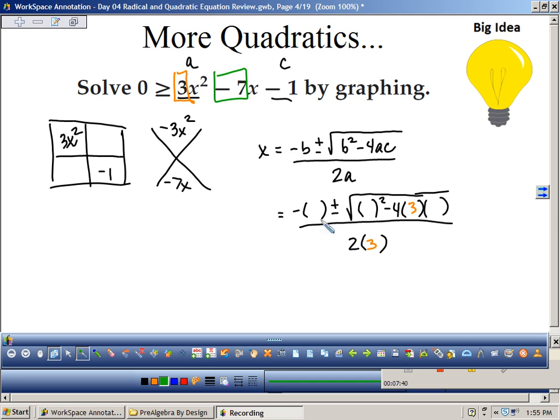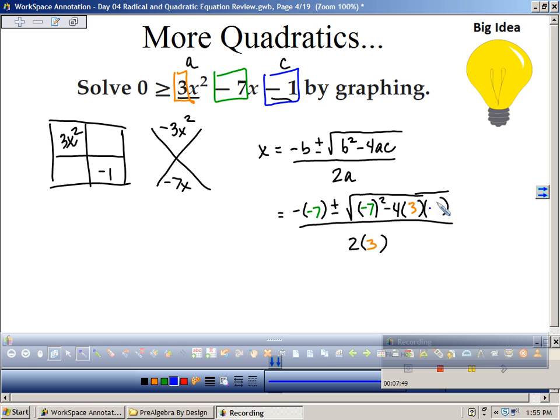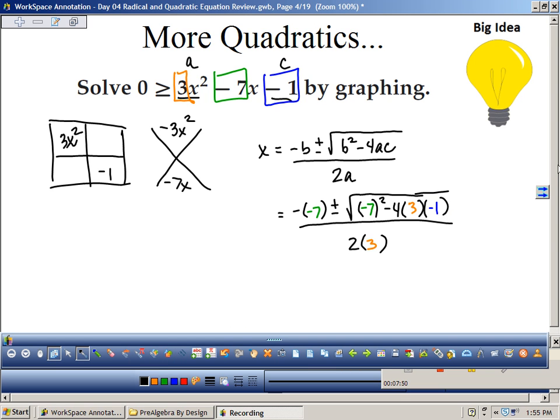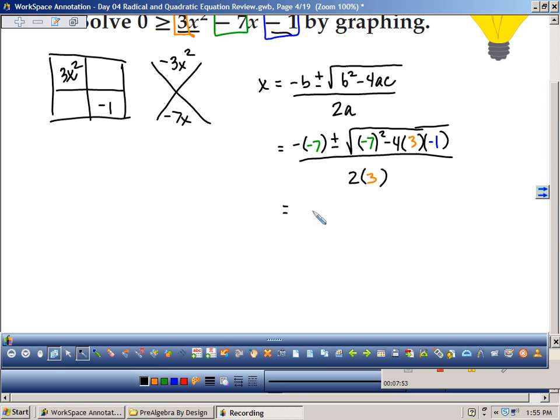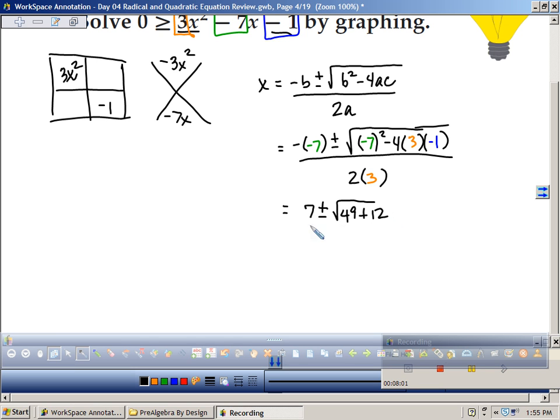B is negative 7, so that goes here and here. And finally, c is negative 1, so that goes here. When I simplify that, I get positive 7 plus or minus the square root of 49 plus 12, all over 6, which is 7 plus or minus the square root of 61 over 6.